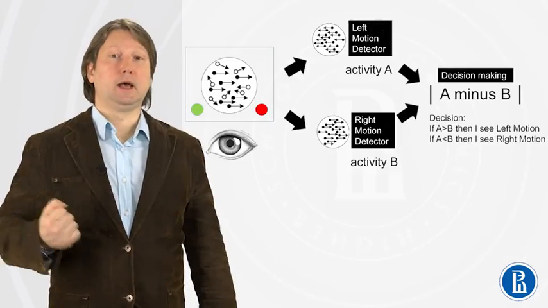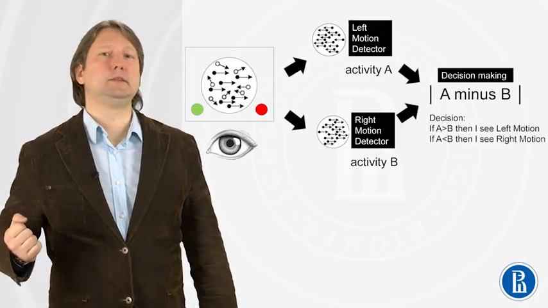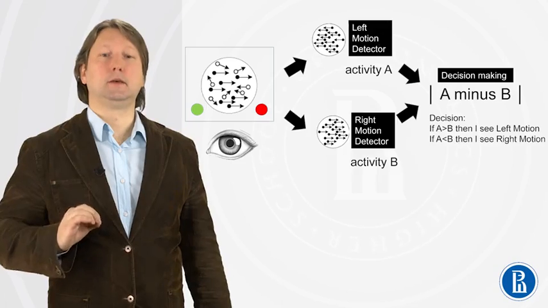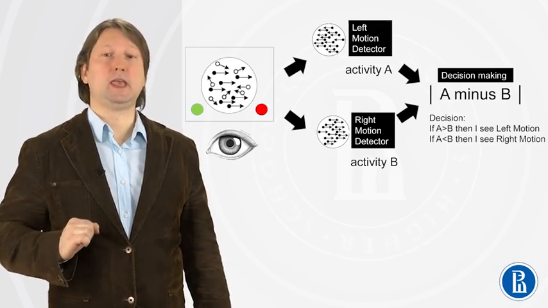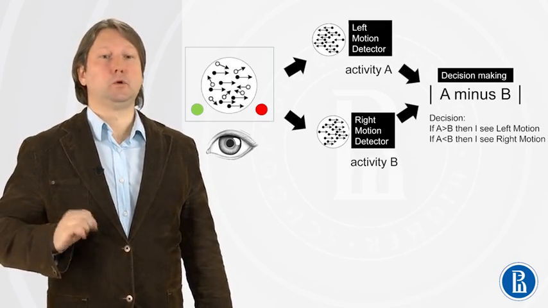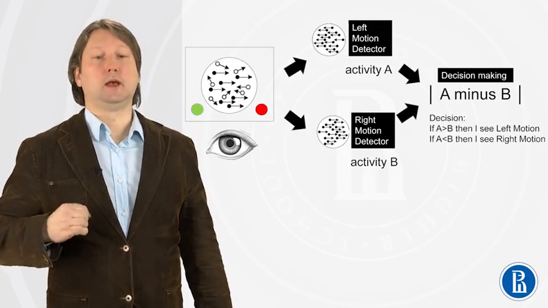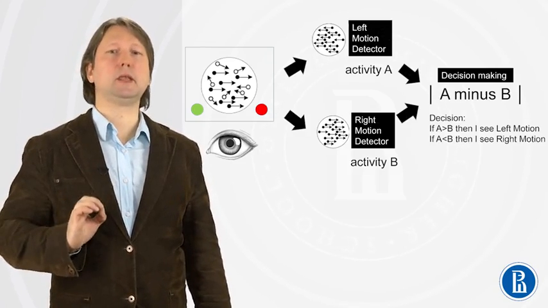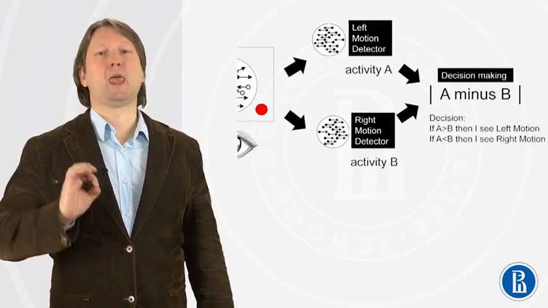If we use the labels activity A and activity B, these decision-making neurons will decide that the monkey sees left motion if activity A is larger than activity B. And the monkey would decide that it observes the right motion if activity B is larger than activity A. So this network of neurons, the decision-making network, simply compares the sensory evidence for alternatives A and B, for left and right side motion. So let's next take a look at the actual behavior of the neurons in the brain of the monkey.